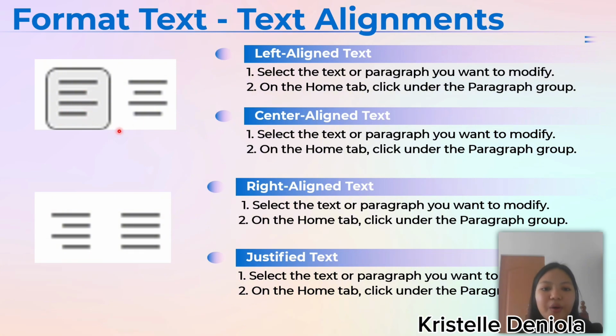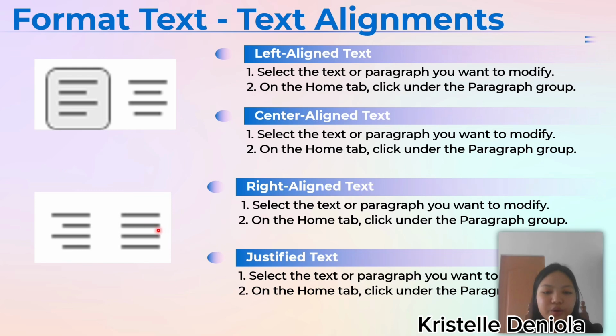However, if you want to make it center aligned, you can just click this. And if you want the text right aligned, you can just click this on the paragraph group. And also, if you want to justify the text or the paragraph, you can also click this.